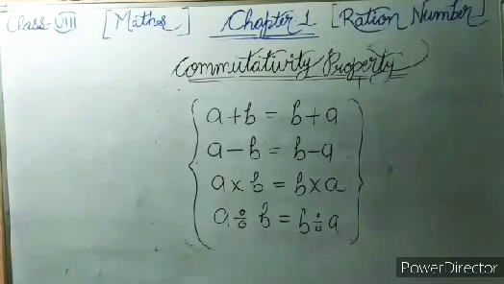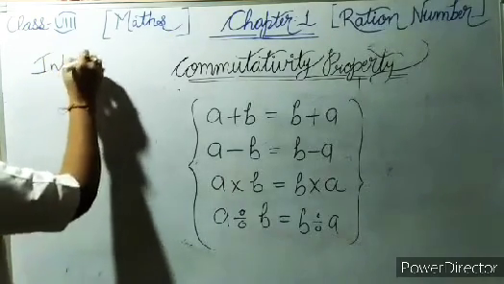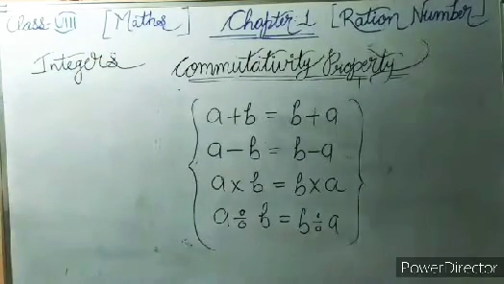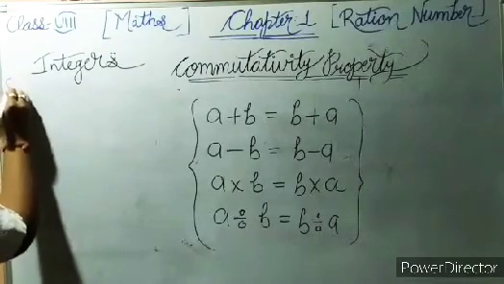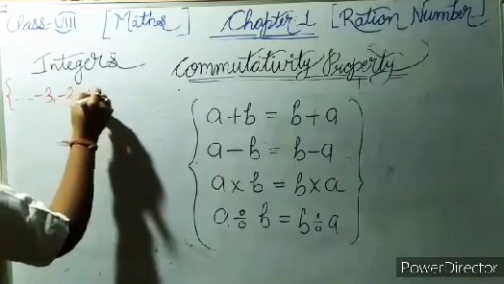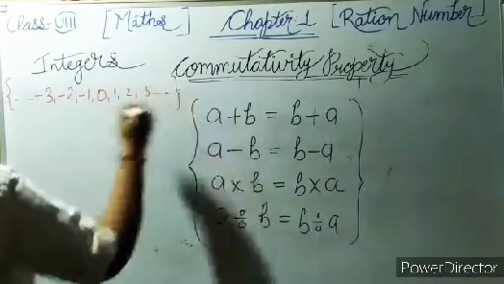Now we move for integers. Now we move for integers. You see here, if we say integers, we know the family of integers: minus 3, minus 2, minus 1, 0, 1, 2, 3, dot, dot, dot.